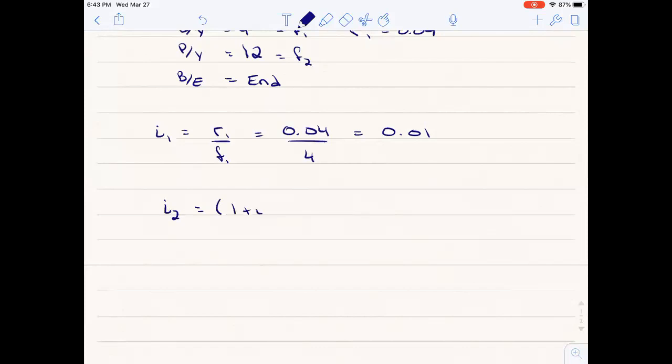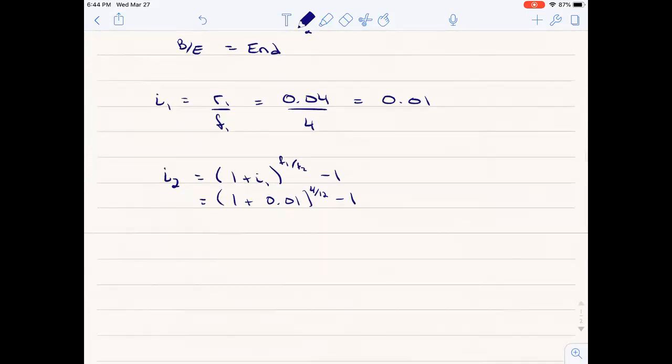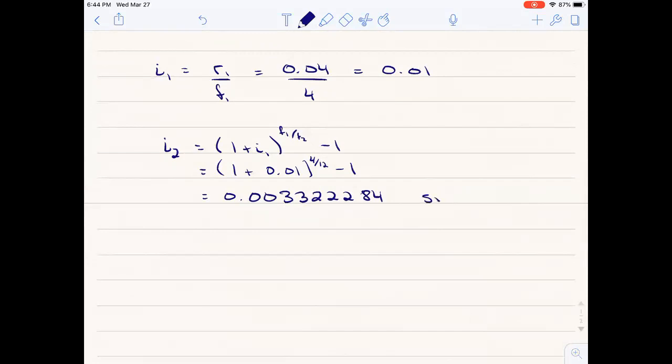I2 is 1 plus I1 to the power of F1 over F2, minus 1, which is 1 plus 0.01 to the power of F1, which was 4, divided by 12, minus 1. So 1.01 to the power of 4 divided by 12, and then minus 1. I get 0.003322284, which I'm going to store in 1.